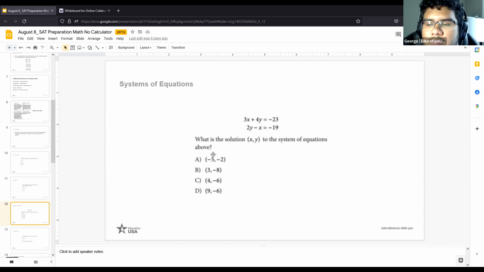What may happen is you end up checking all the answers and the last one is the correct one, and you will have wasted time substituting all the other incorrect answers into the equation. So it's better to know how to solve these sorts of problems rather than just guess and check.